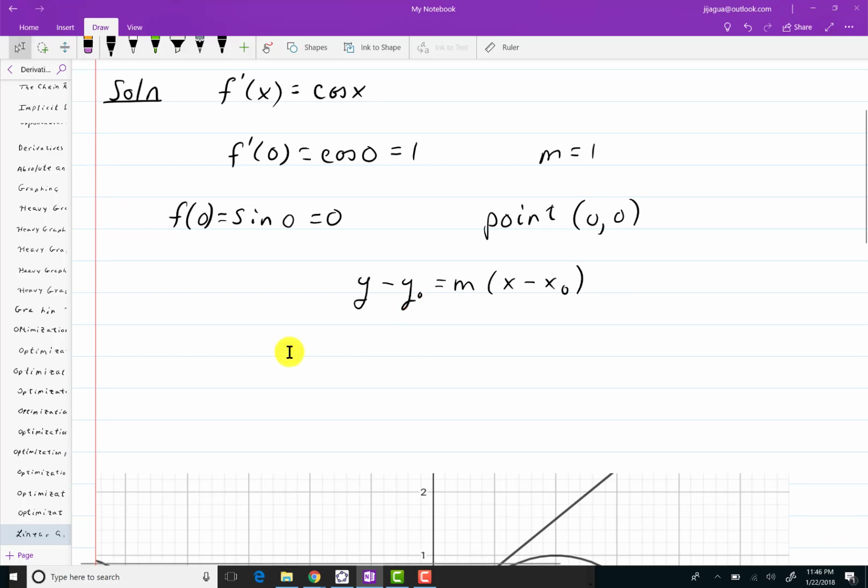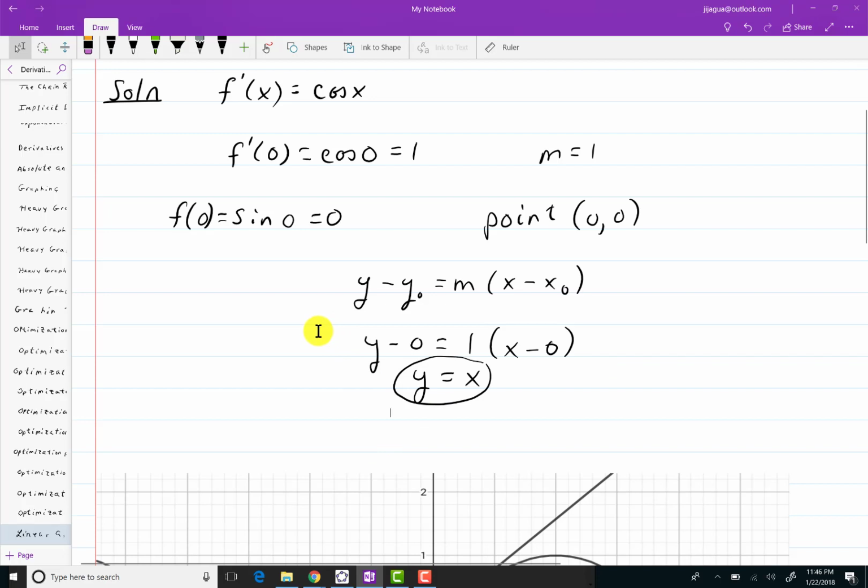Here, y0 and x0 are both 0, so we'd get y minus 0 equals 1 times x minus 0, or more simply, y equals x. So the tangent line is as simple as you can possibly get, y equals x.